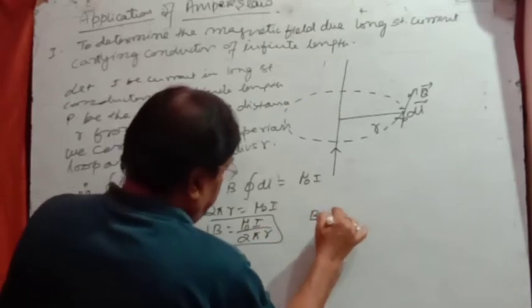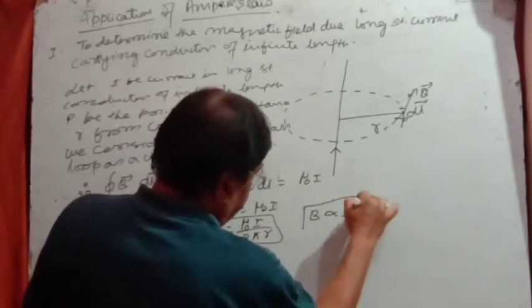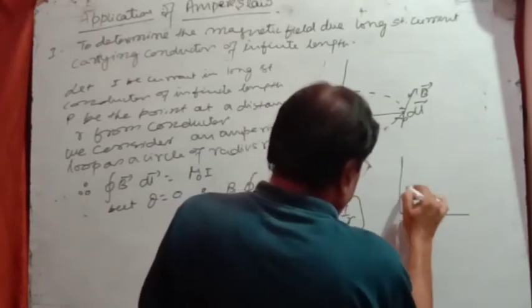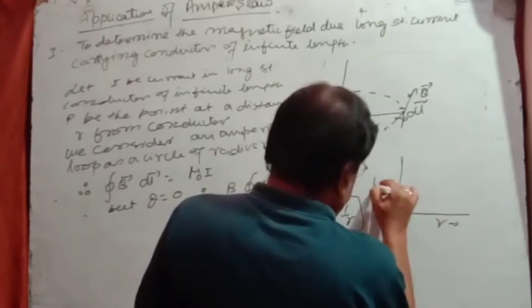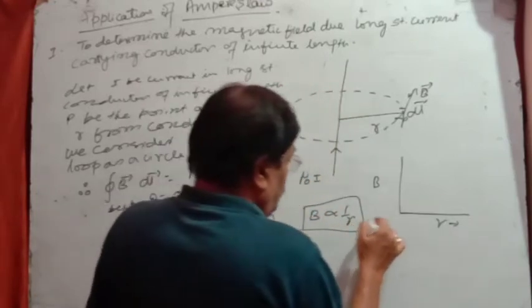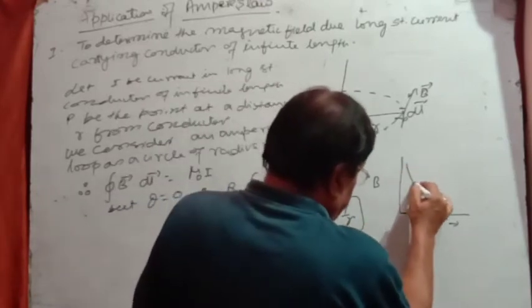It means B is inversely proportional to r. If we draw the graph, with r and B, it is a hyperbolic graph. So this is the first application.